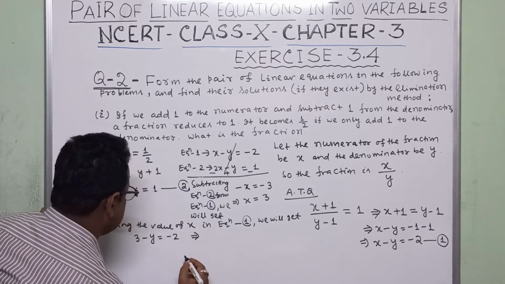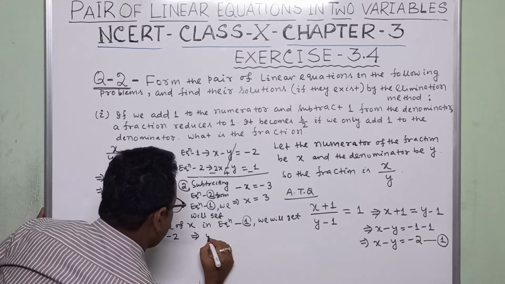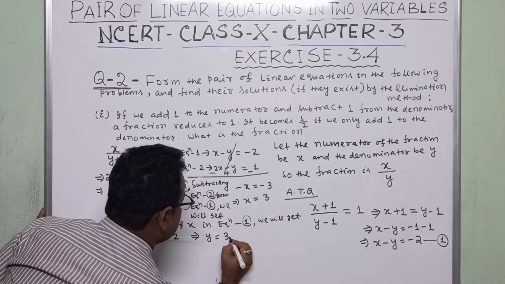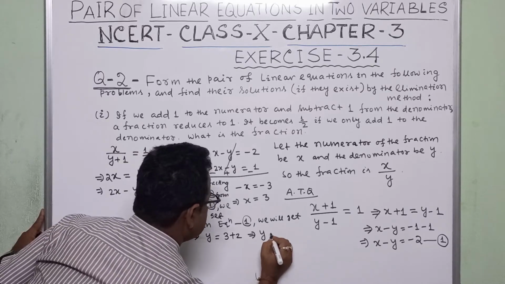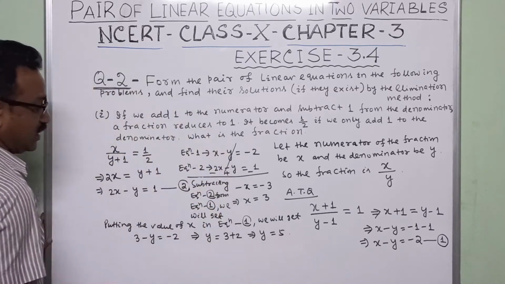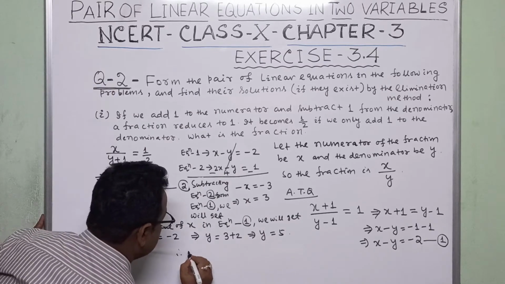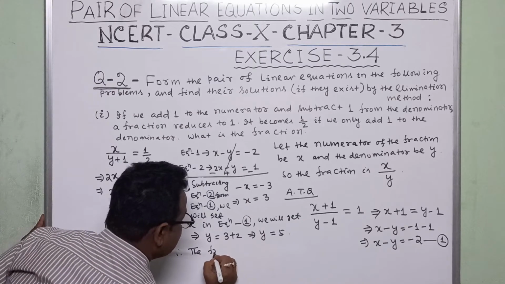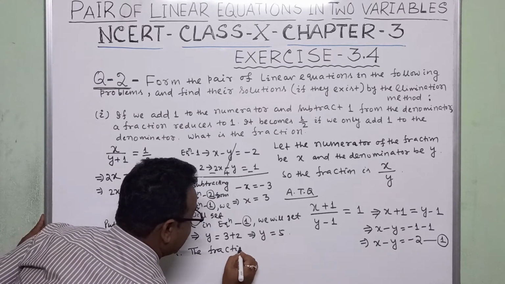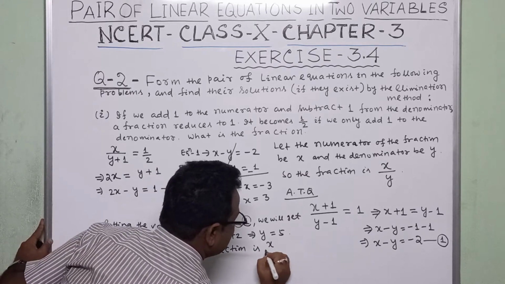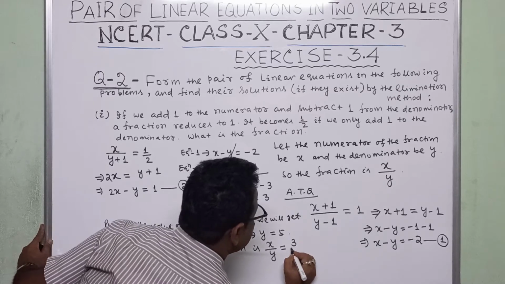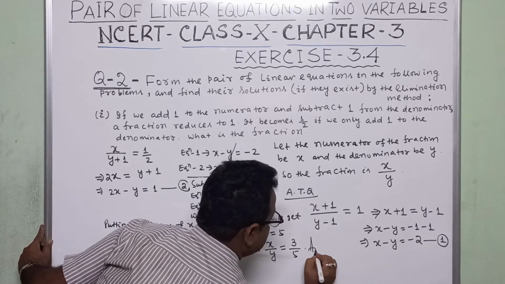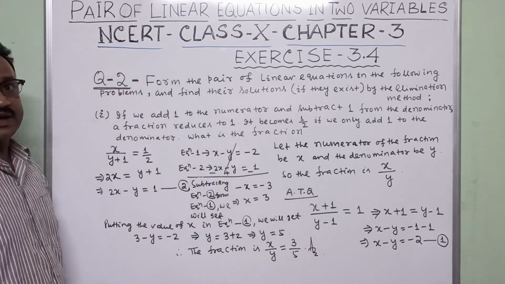That implies y is equal to 3 plus 2, so y is equal to 5. Therefore, the fraction x by y: x is 3, y is 5, so 3 by 5 is the required answer.